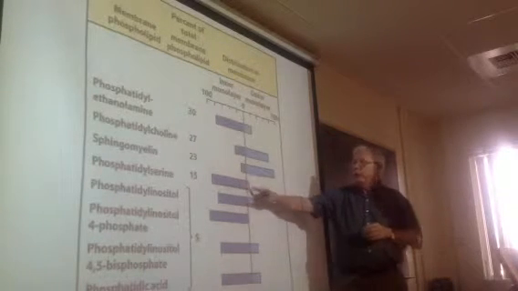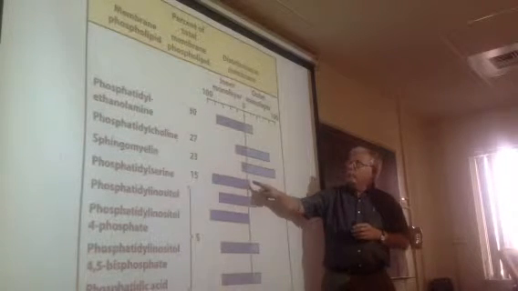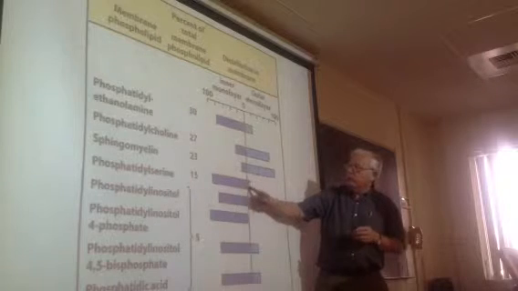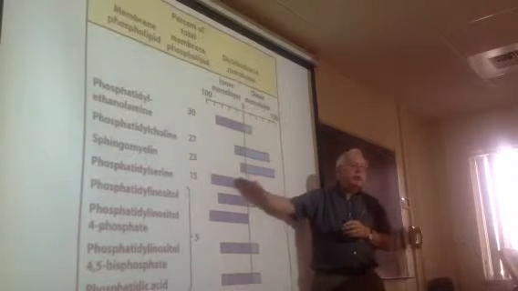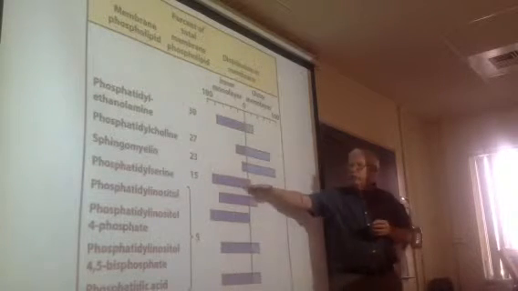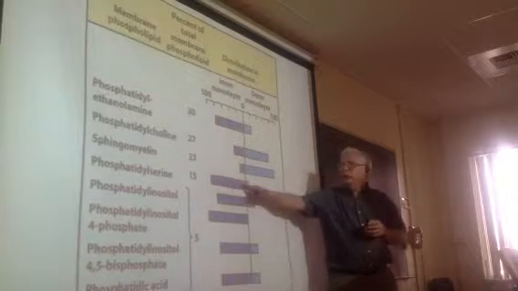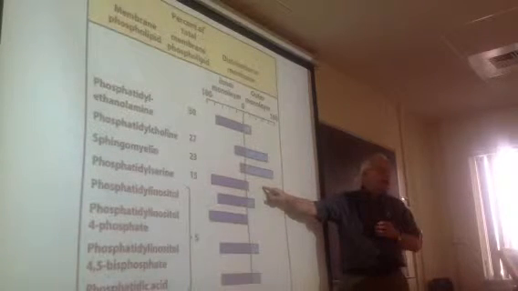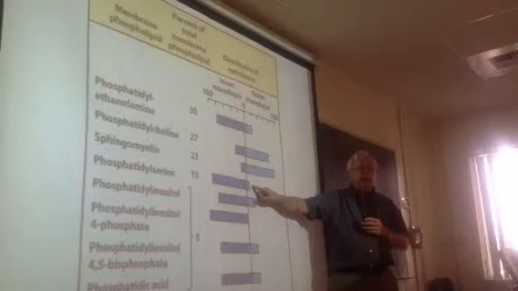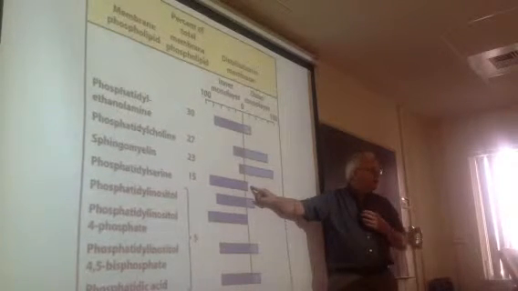We know a little bit about those kinds of stories for this one, phosphatidylserine. For many cells it is often on the inside. Maybe 90%, 95% on the inside, 5% on the outside. One curious thing that's been noticed is that when phosphatidylserine starts moving to the outer leaflet, that can trigger a process called apoptosis, or programmed cell death.